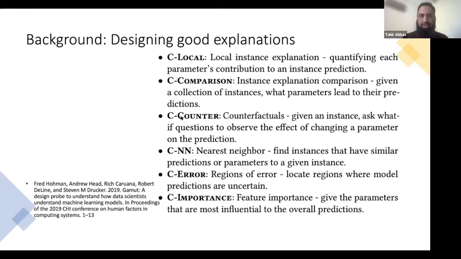The other attribute they used was C counter, which is also called counterfactuals. Given an instance, ask a what-if question to observe the effect of changing a parameter on the prediction. And the last attribute they used was C importance, feature importance, which gives the parameters that are most influential to the overall prediction.